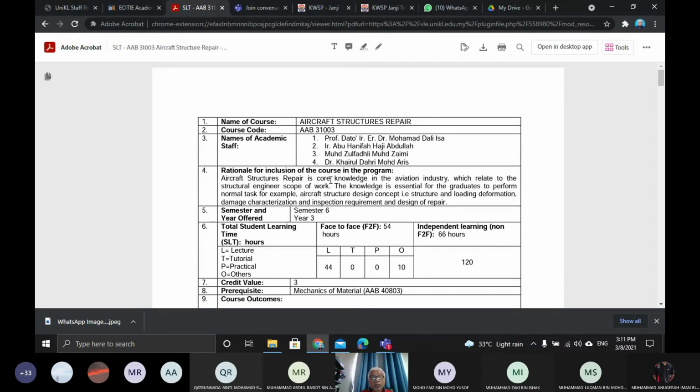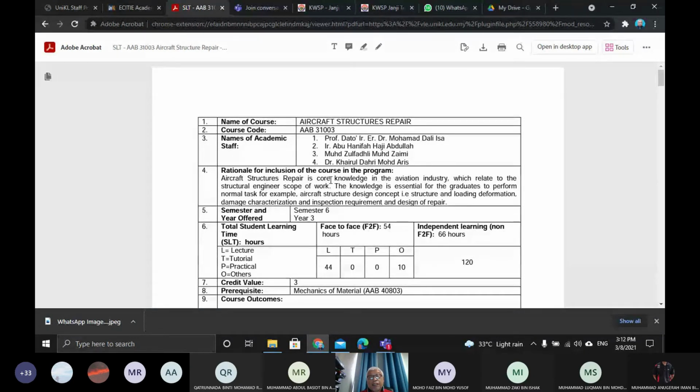When you go out and graduate, you may have the potential to be working with the aircraft as technical services. If you have a background in mechanical, you may end up as technical services in design for aircraft structure.